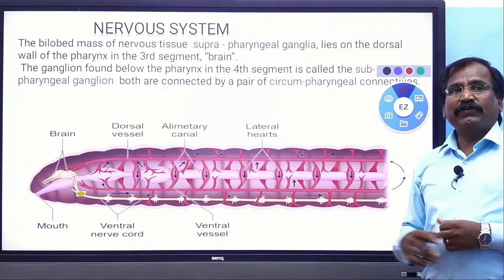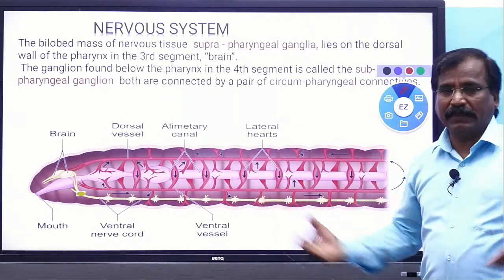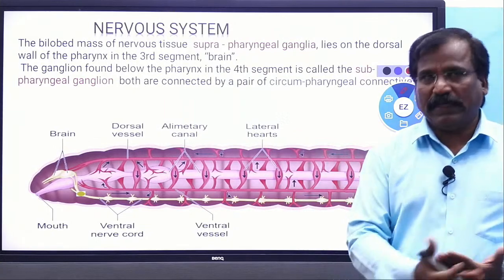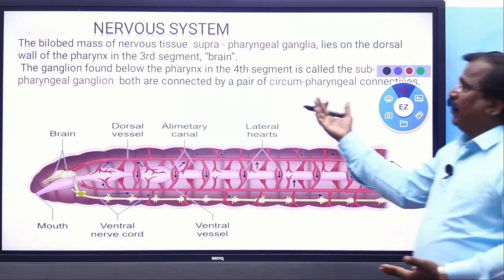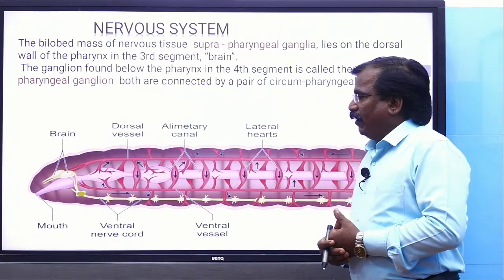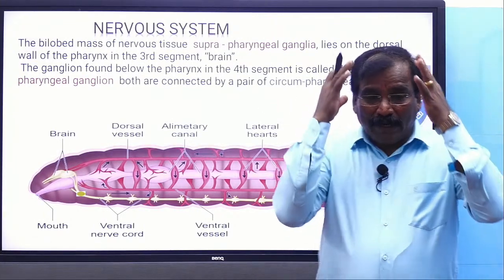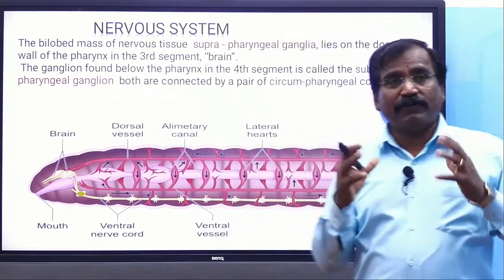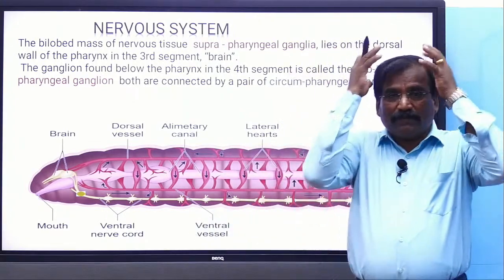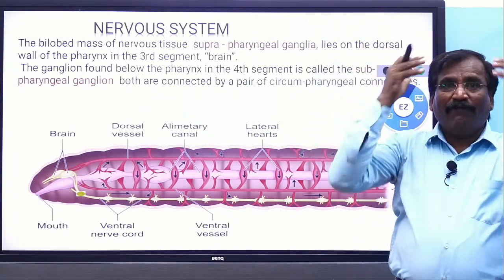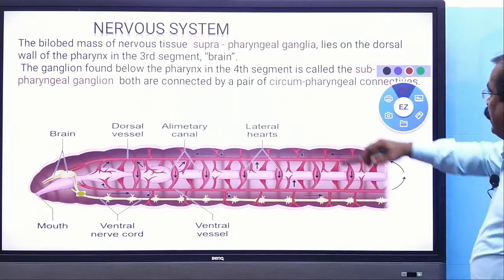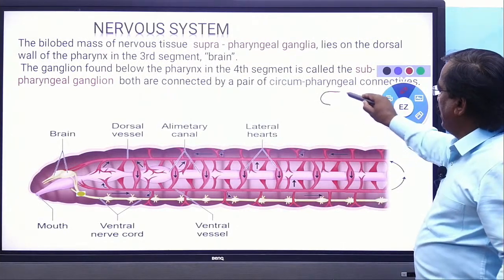How is the nervous system arranged? What is the structure of the nervous system? I said already, we have a highly developed, advanced, complex brain which is located in the cranium, the skull.